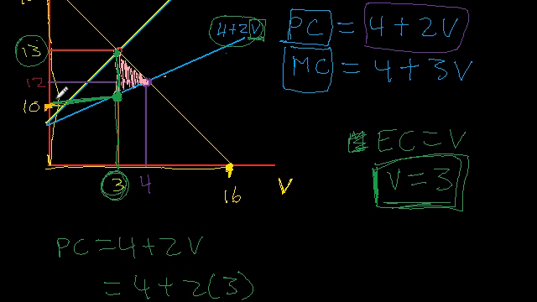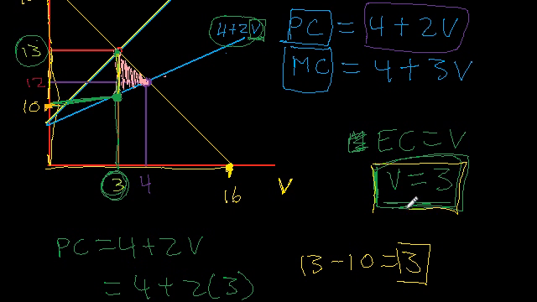So that point is 10, and lo and behold, if we subtract 10 from 13, the distance between here, we can see that 13 minus 10 is equal to 3, and that is the toll that's required to get to the efficient traffic volume, just as we predicted when we said that the toll had to equal the external costs that drivers impose on others.